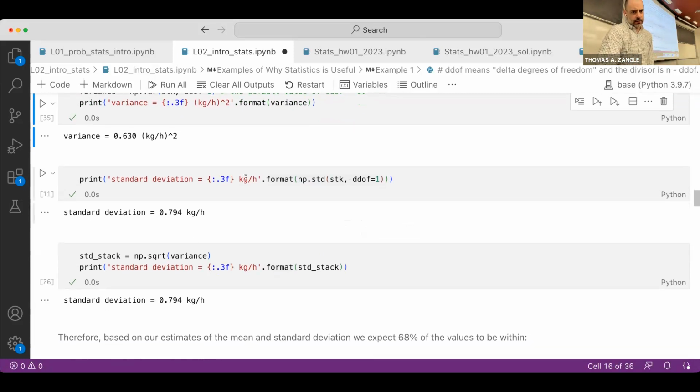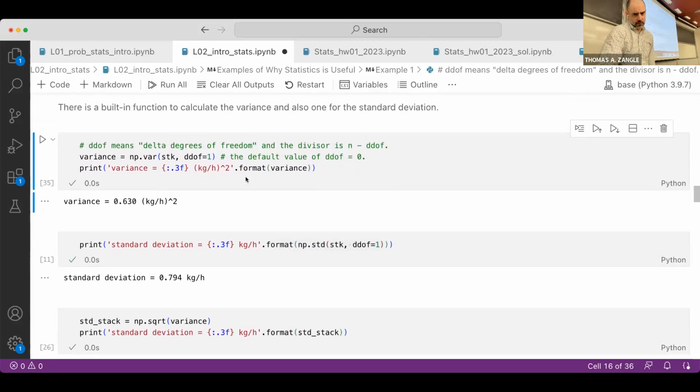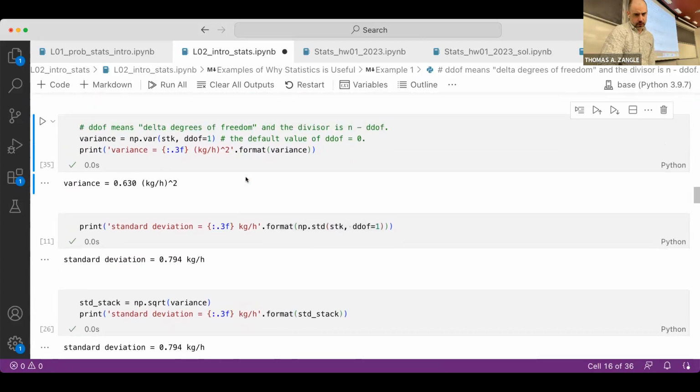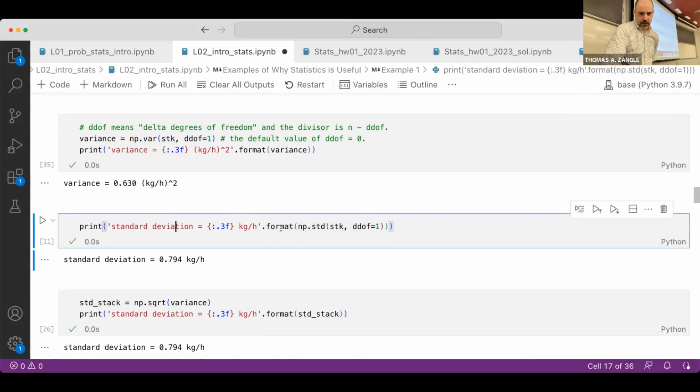Okay. So here we have, where were we? Just another way of doing this is with np.std, which gives us the standard deviation of the variable.